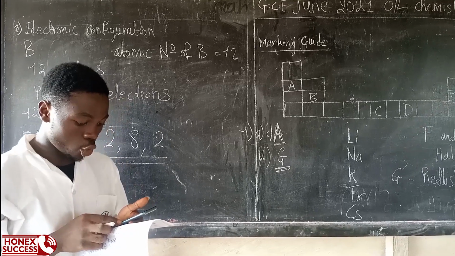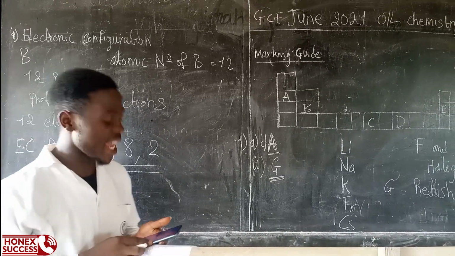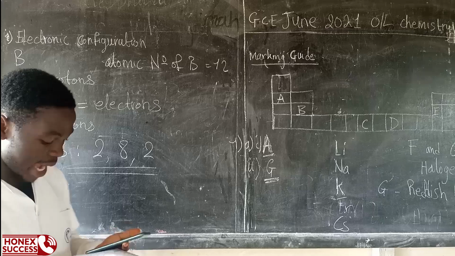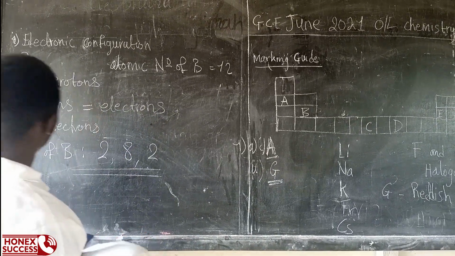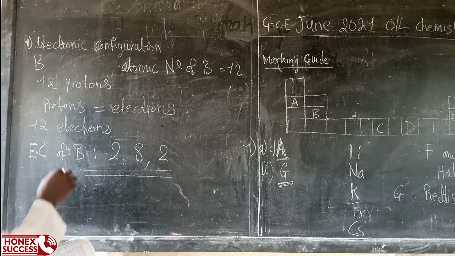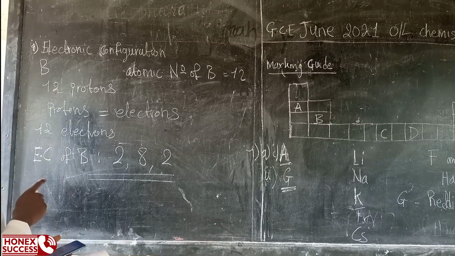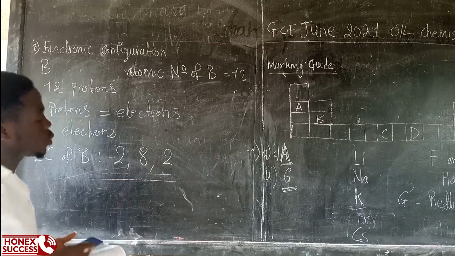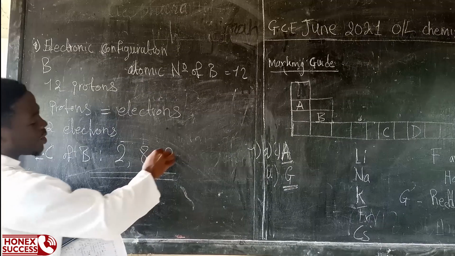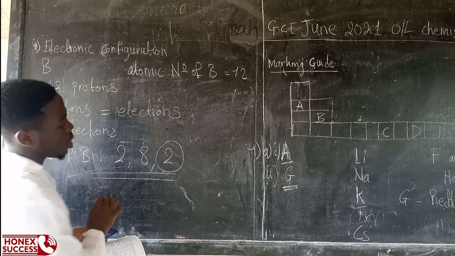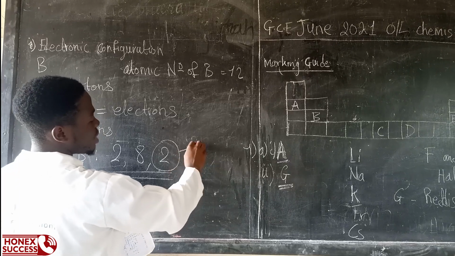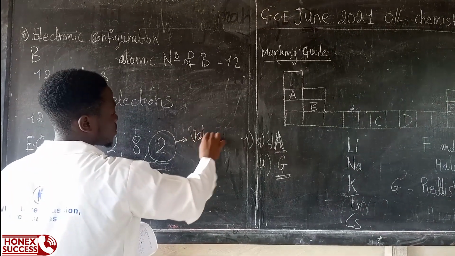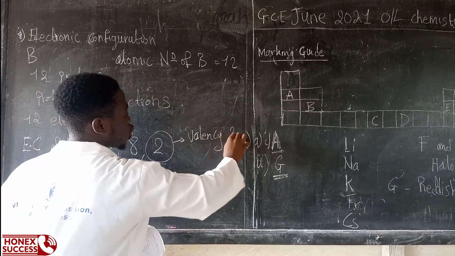Roman 2 says, why is B classified in group 2? So if you look at this electronic configuration we saw in Roman 1 above, 2, 8, 2, we'll discover that the valence shell of B has a maximum of 2 electrons.